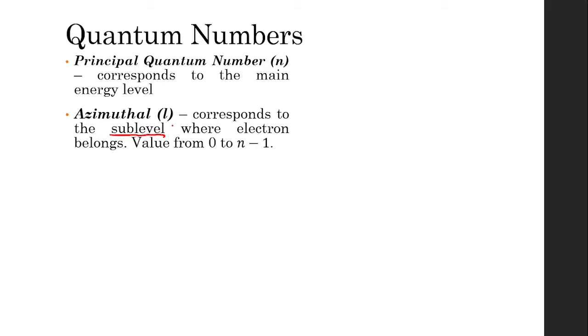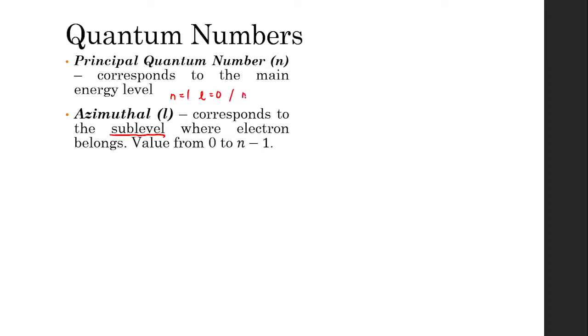And the value for the azimuthal quantum number, which we usually write as the letter L, since this is the sublevel, can vary from 0 to n-1. So if you have a main energy level of 1, your L will be 0, because n-1 is 0.